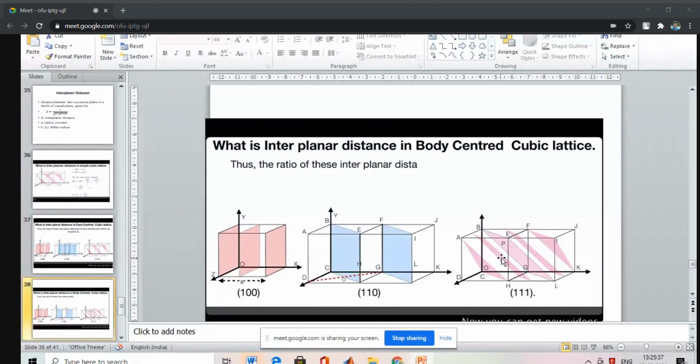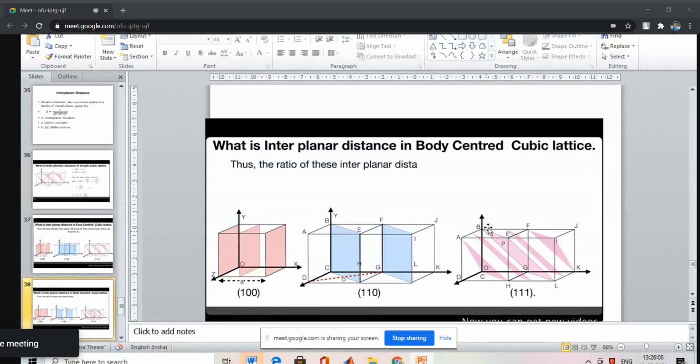And where are they? They pass through the body centered atom of the unit cell. This one is of this unit cell and this one is of this unit cell. And so the interplanar spacing in BCC becomes half of the SCC. So SCC में A upon root 3 है, तो BCC में कितना होगा? A upon 2 root 3. That is half of the A by root 3. So this is interplanar spacing of BCC.